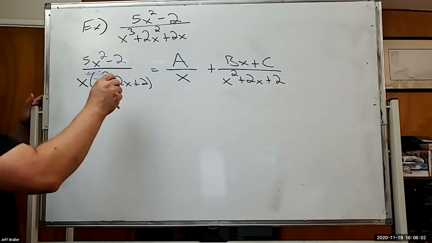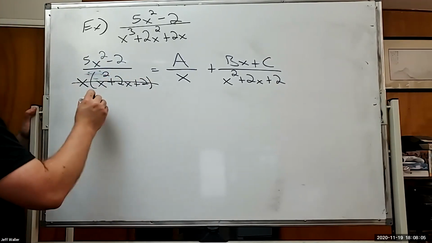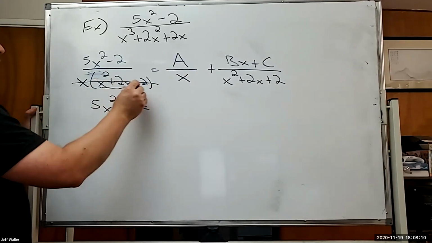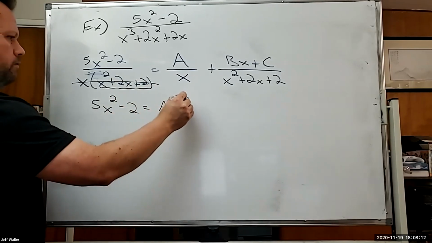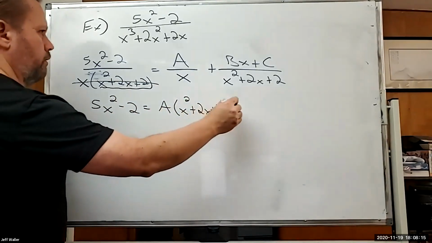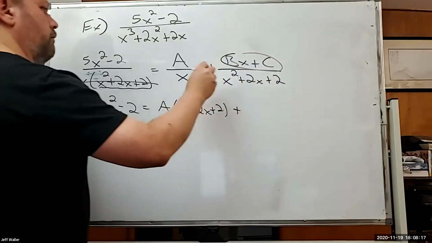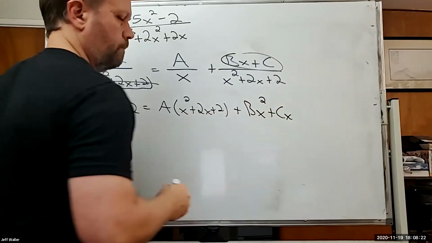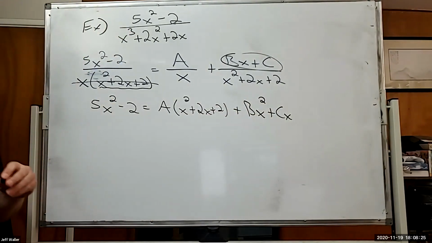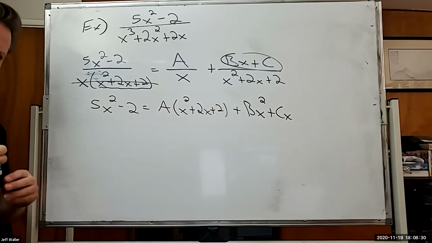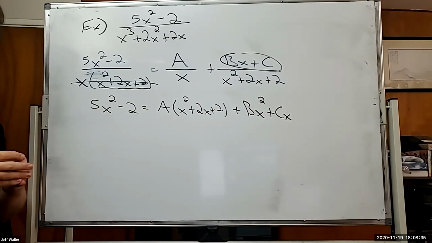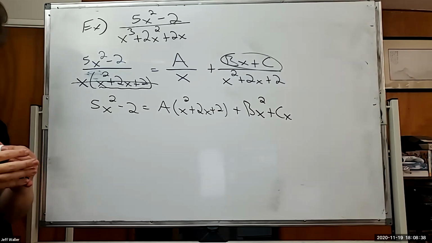So then you would multiply by this. So he would pick up this dude, and this guy would pick up an X. Is everybody doing okay so far? There is a value of X you can use before you start equating coefficients.